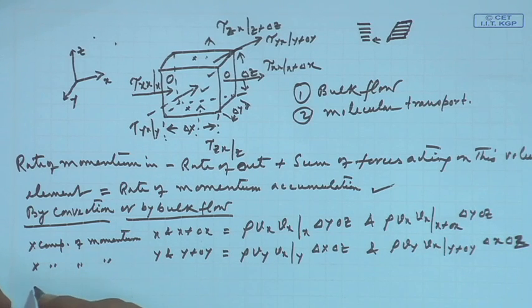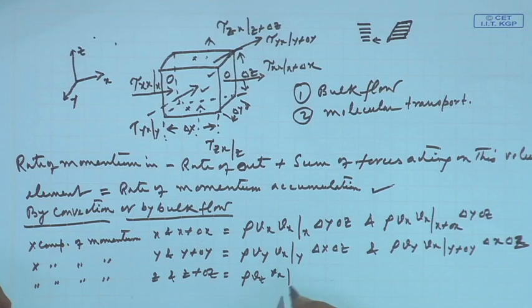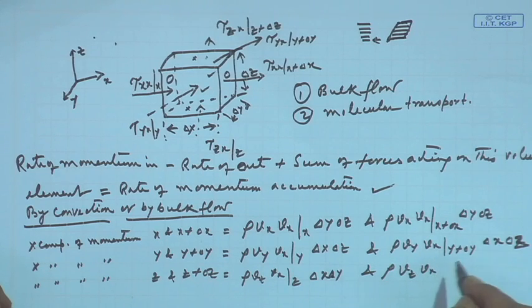So, similarly, the x component of the momentum acting in the z direction, so z and z plus delta z, can be written as rho v z into the x component, that is V x at the face z into area del x del y, and similarly rho v z due to x component V x at the face z plus delta z into area del x del y, right.